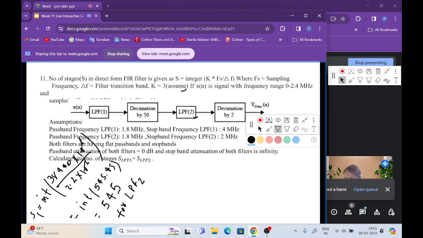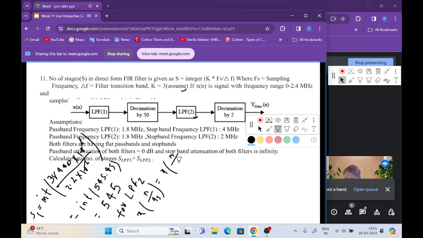Decimation by a factor n: the sampling frequency, in terms of fx and fy, we have divided n by fs, or n into ts.